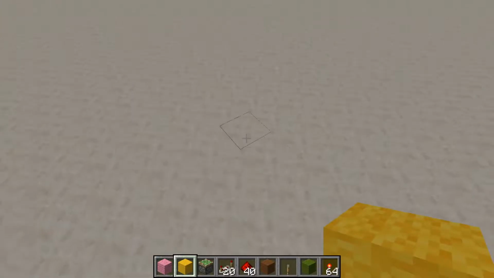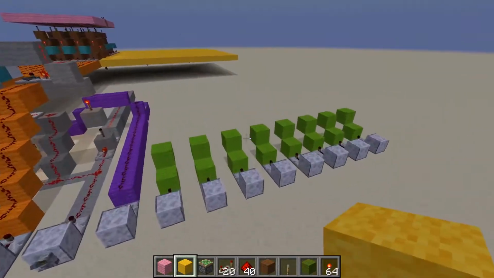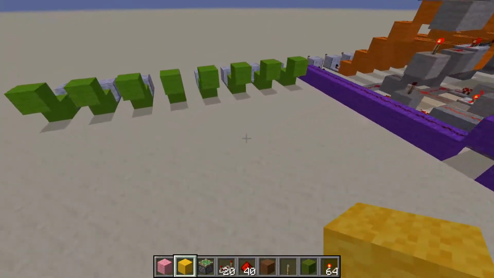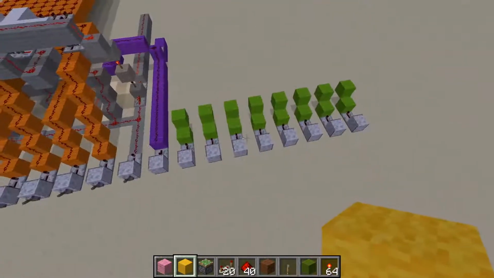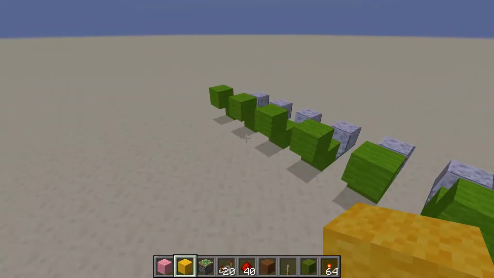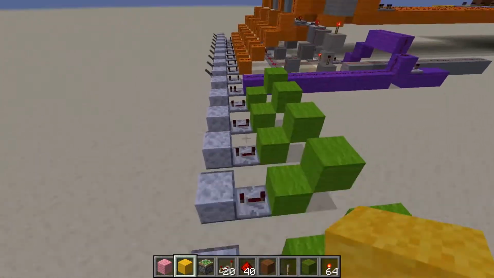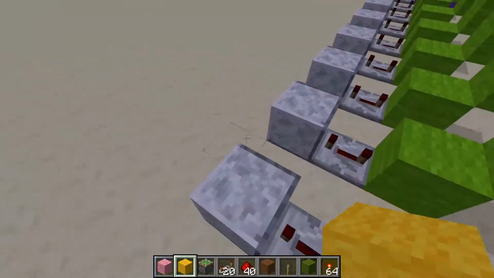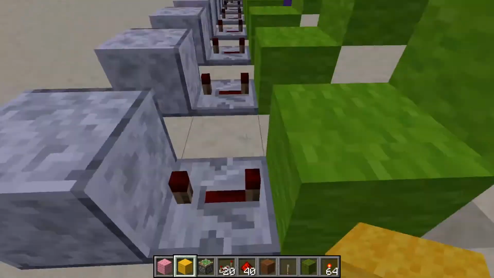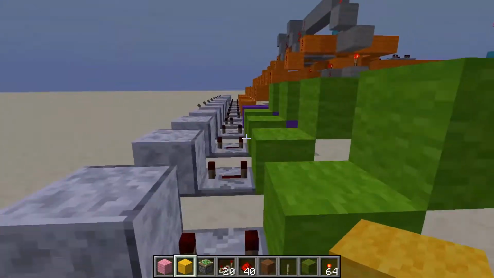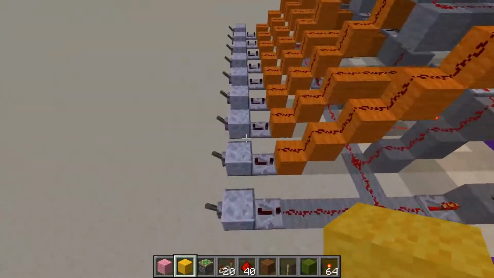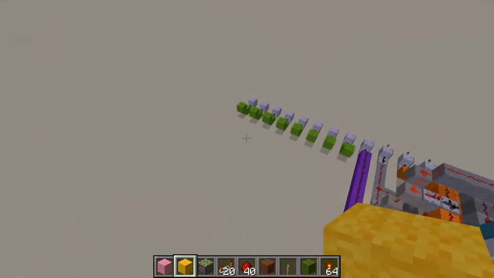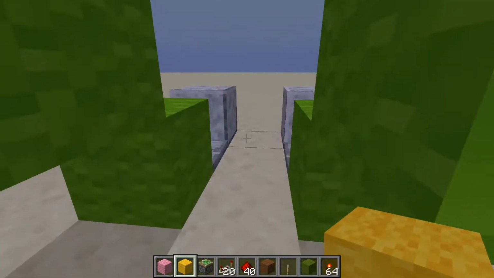So either way, if this signal is too short for your computer, if you're downloading this build, then you should implement a memory controller or a buffer. We will buffer this signal with these output repeaters, we use them as output buffers. It will extend the 1 tick signal to a 4 tick signal. If this 4 tick signal, for whatever reason, happens to be too fast for your computer, buffer it.